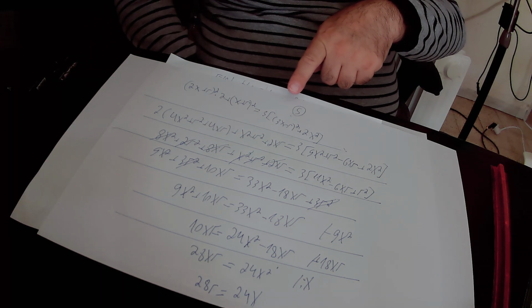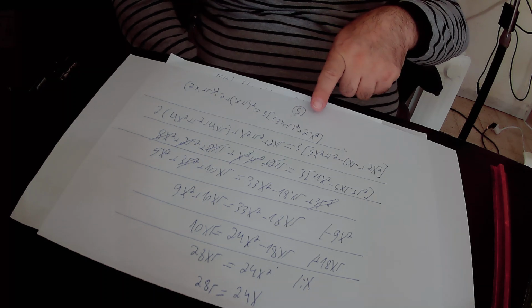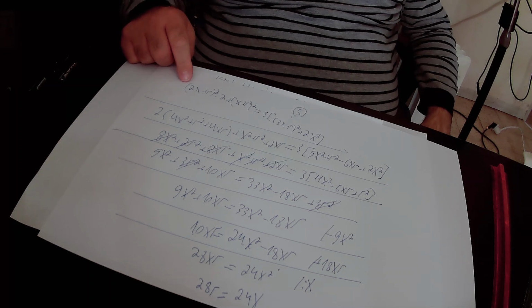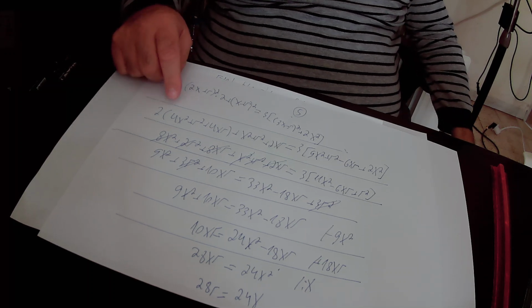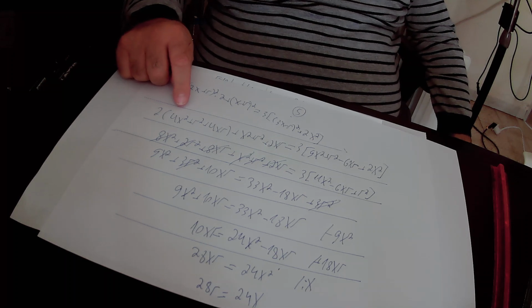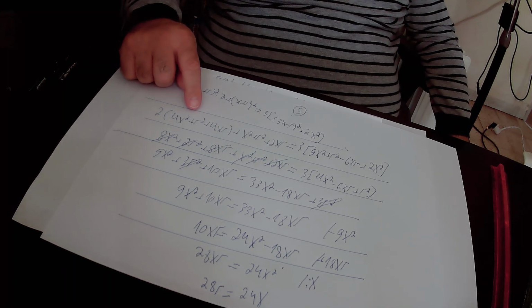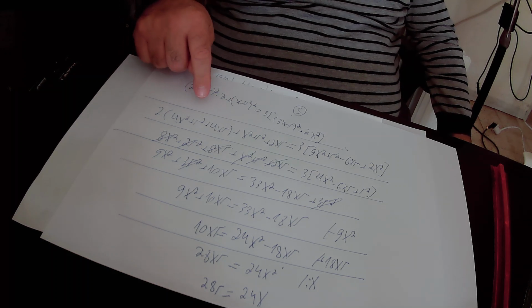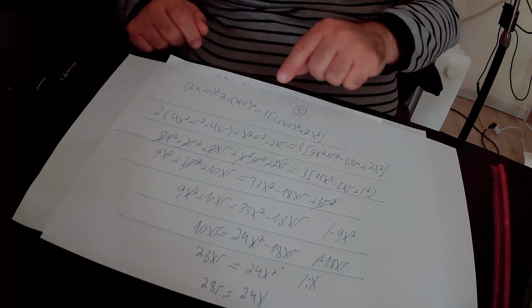We open the brackets. Inside the brackets we have 3x minus r square plus 2x square. We open the brackets here. We have here 2 times 2x plus r square is 2x squared, that is 4x square, plus r square, plus 2 times 2xr is 4xr. We open the brackets here.